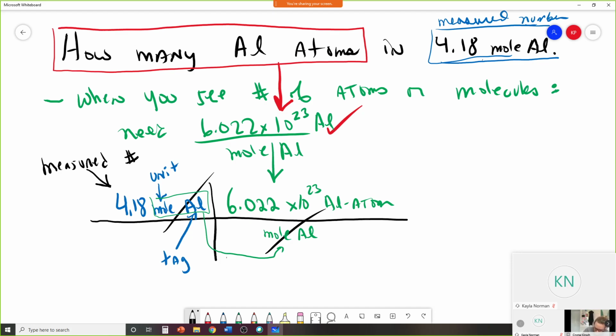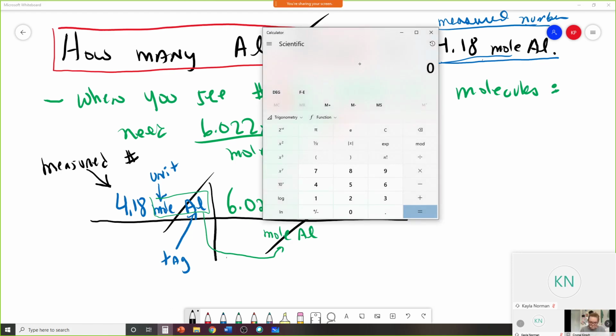What are we left with? Aluminum atoms. What are we looking for? Aluminum atoms. Now all we have to do is put it in the calculator. I left mine downstairs, wouldn't you know it. So I say 6.022 times 4.18.